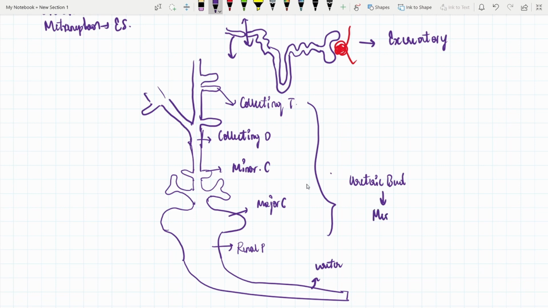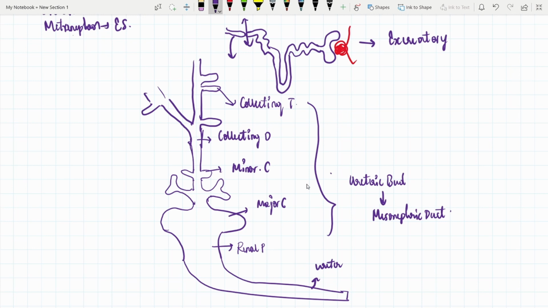Mesonephric duct, right? Mesonephric duct. I discussed details of mesonephric duct, everything previously, right? And this is the collecting part.